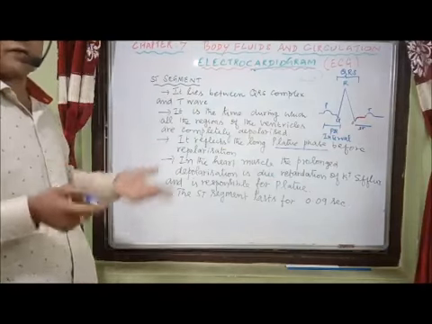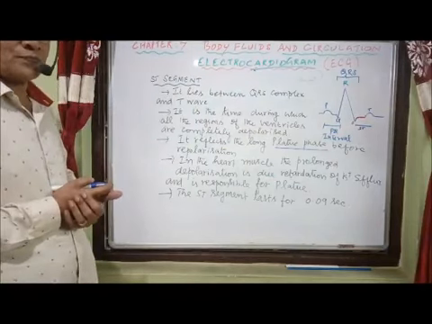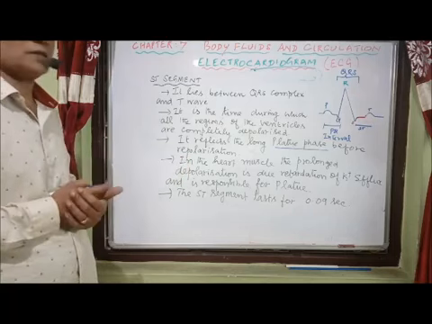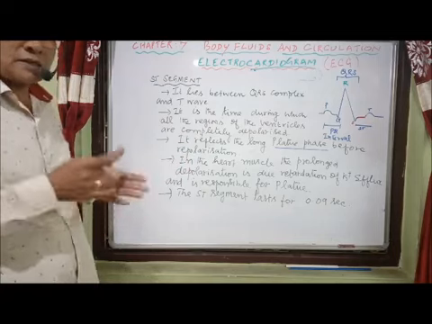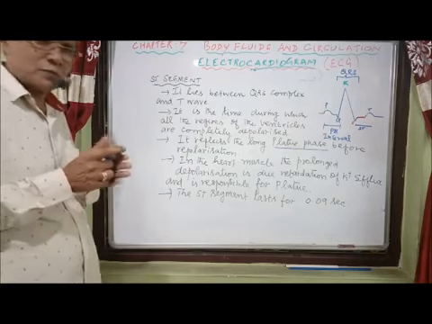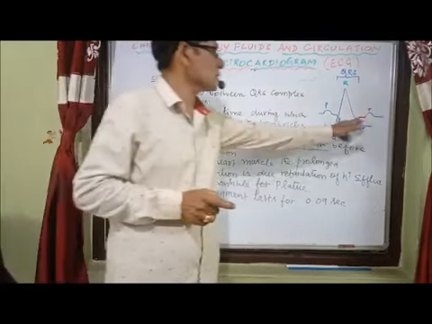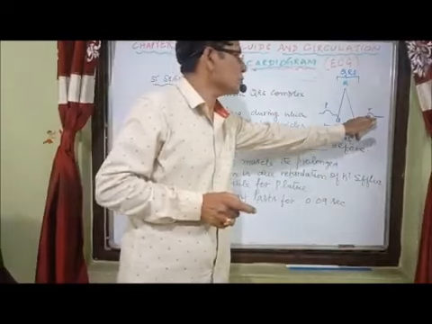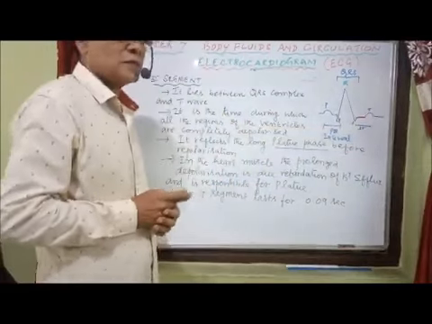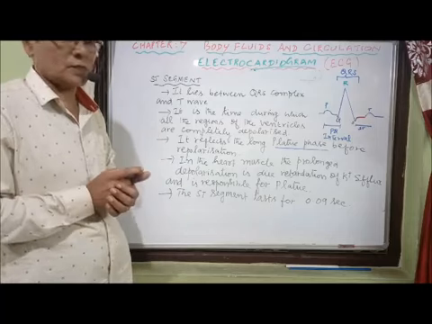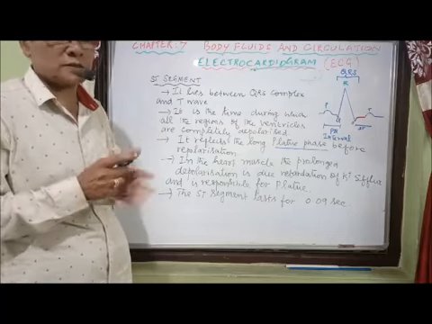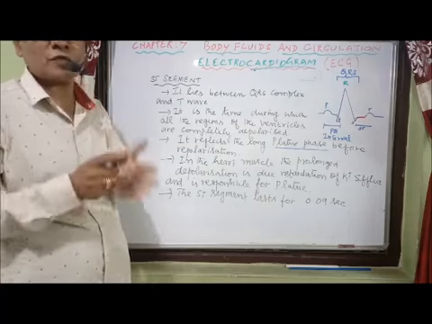Now, what's the reason for this prolonged plateau? In the heart muscle, prolonged depolarization occurs that results in a plateau before repolarization. This is because of retardation in potassium efflux. Sorry, I made a mistake, it is efflux.